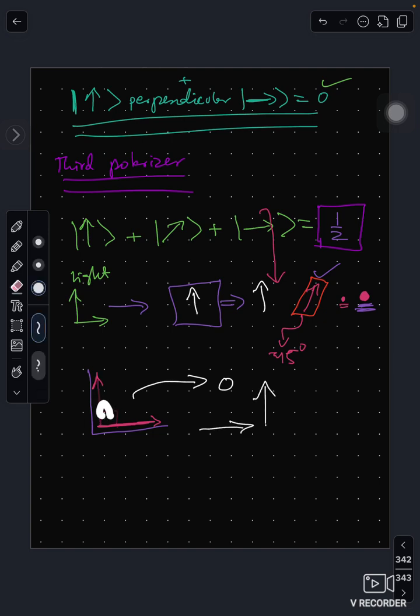But if we take the same and we add one which is at a 45-degree angle, now the gap, this angle over here, how much is the difference? It's half, right? This half causes half of the light to pass through. It's orthogonal. Orthogonal means the difference between the angles of the states. If this is the main state, this is the other state, and this is the diagonal state.